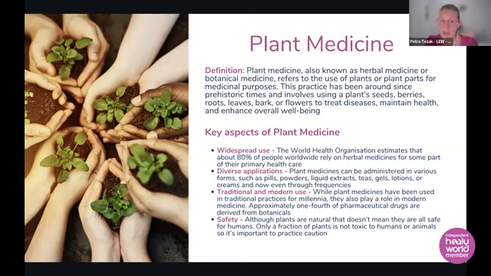Plant medicine also has diverse applications. That's why we are so drawn to them, because they can be administered in various forms, not just by eating the leaves. They can be put into pills, with herbs squeezed together, or into powders, liquid extracts, teas, gels, lotions, and creams.